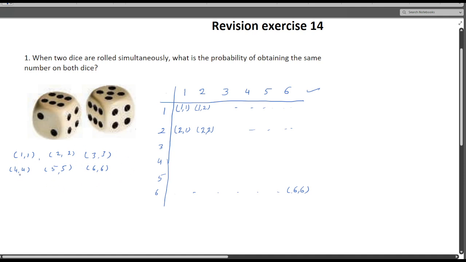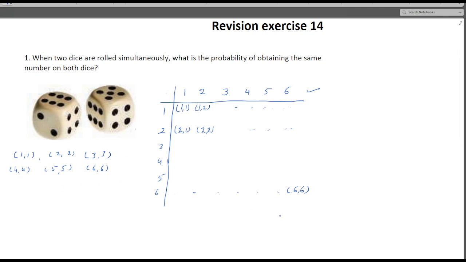Number of results we can see are 6, and total outcome we see they are 36.